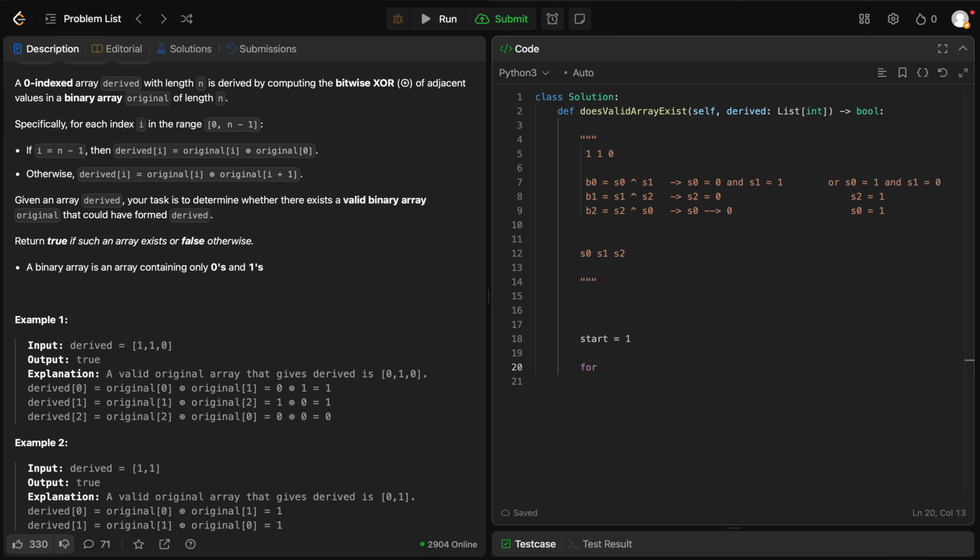Okay, I think I got it. So for each bit in derived, we have start. Start is 1.